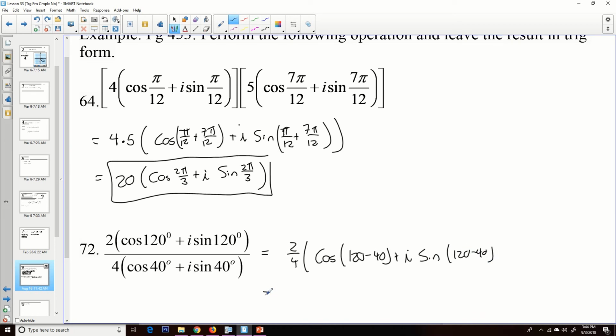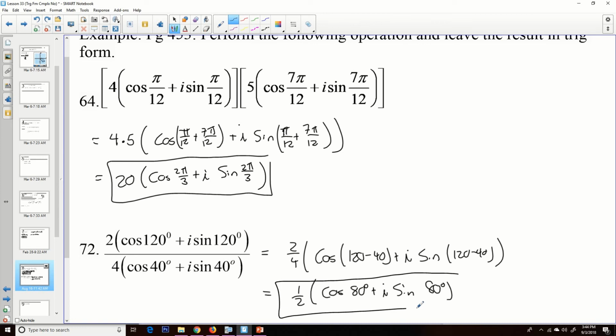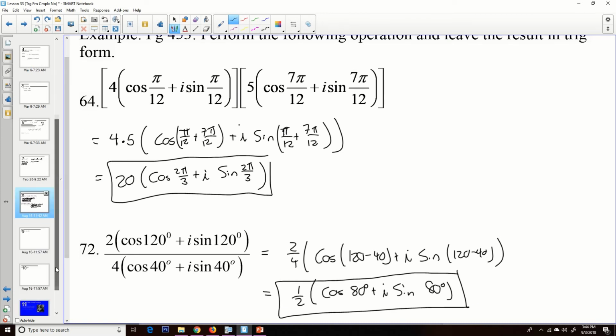And so I can reduce this thing here to a half. The cosine of 120 minus 40 is 80 degrees plus i sine 80 degrees. Box around that, can't reduce that anymore. It's in trig form. We are finished.